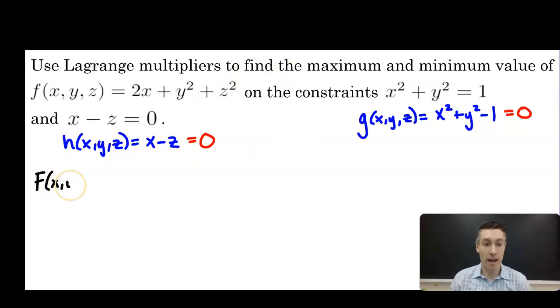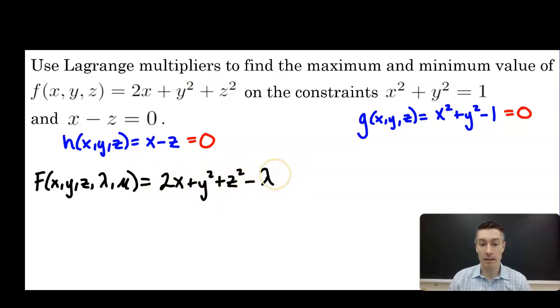So f of x, y, z, lambda, mu. So that's 2x plus y squared plus z squared minus lambda times the constraint x squared plus y squared minus 1 minus mu times our other constraint x minus z.